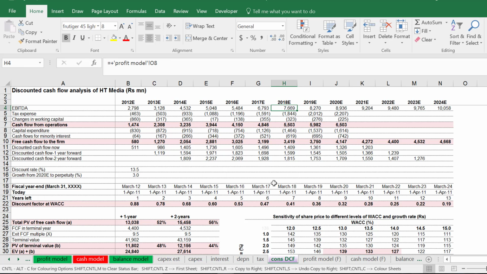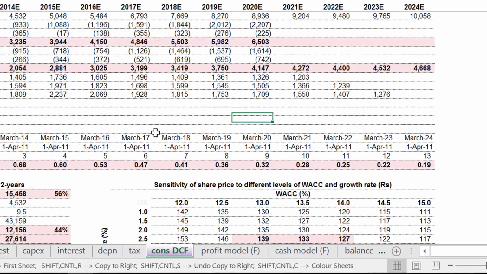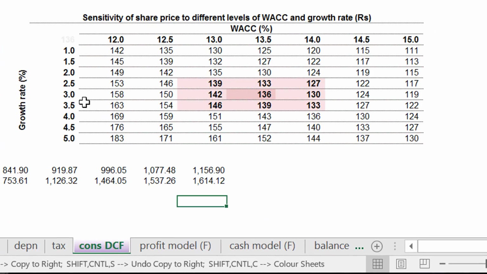There's so many things to fix on this DCF model that it just has to be a separate video. Now it turns out, it's kind of hard to see, but the terminal value in the DCF model was in fact 2020.